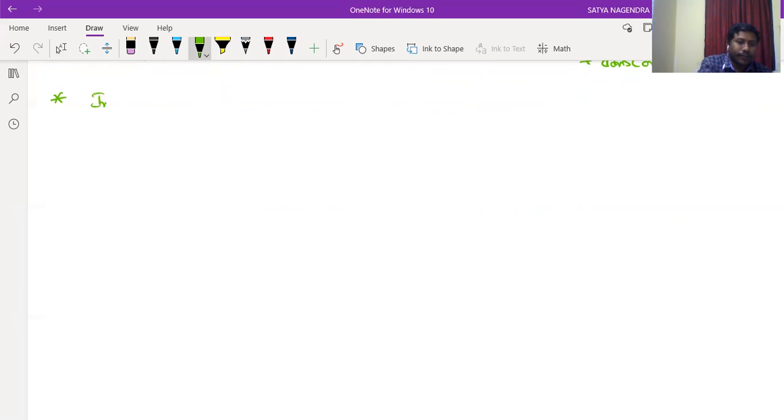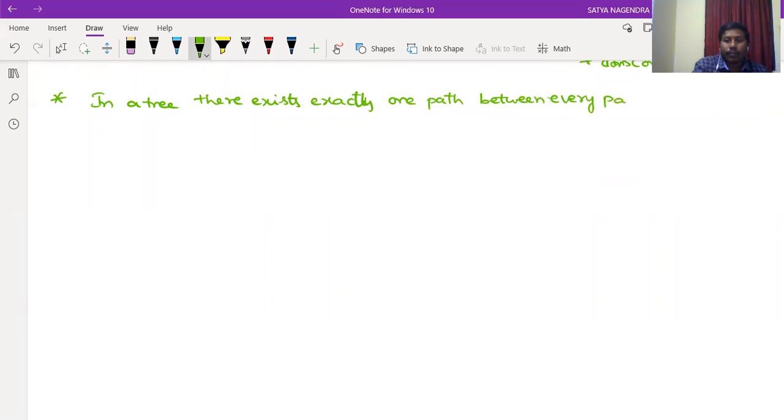In a tree, there exists exactly one path between every pair of vertices. In a tree, there exists exactly only one path between every pair of vertices, not more than one path.